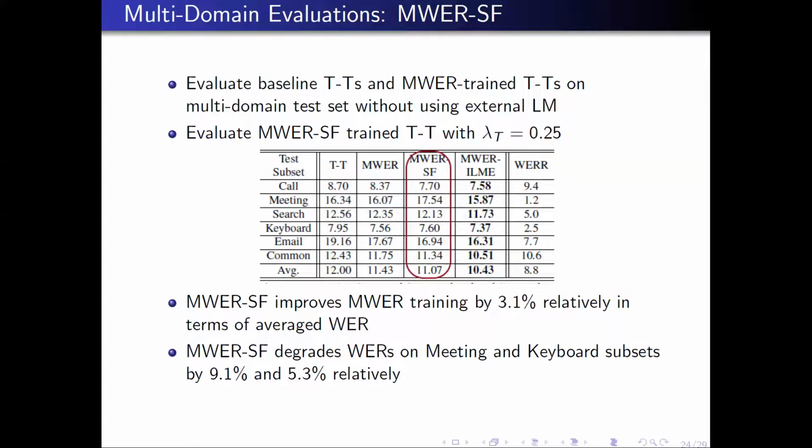The MWER-SF degrades the word error rate on meeting and keyboard subsets by 9.1% and 5.3% relatively, respectively, which is unfortunate.